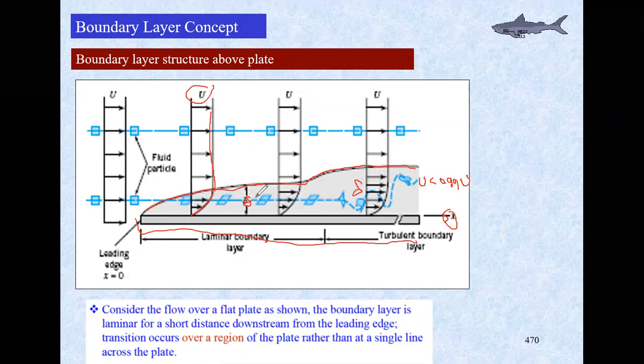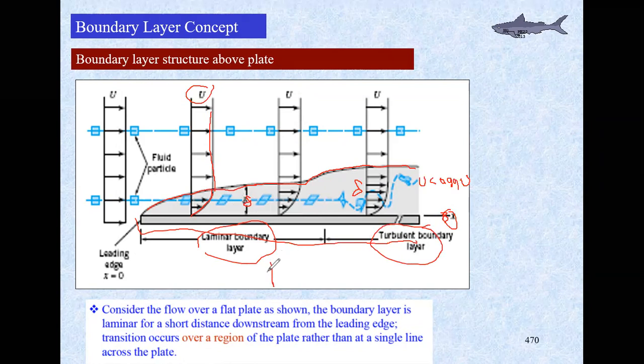And the boundary layer thickness changes as the flow direction increases. So you have the laminar boundary layer, which behaves as a laminar flow, and you have a turbulent boundary layer.